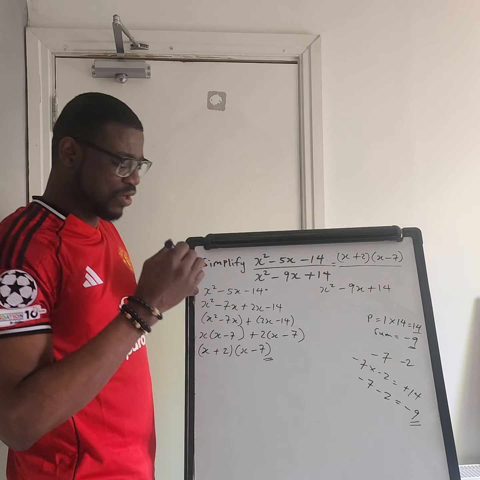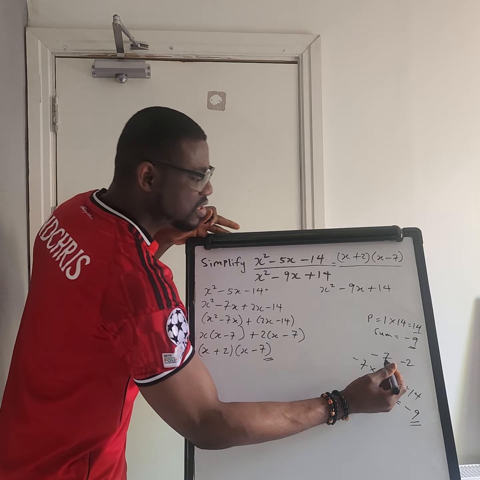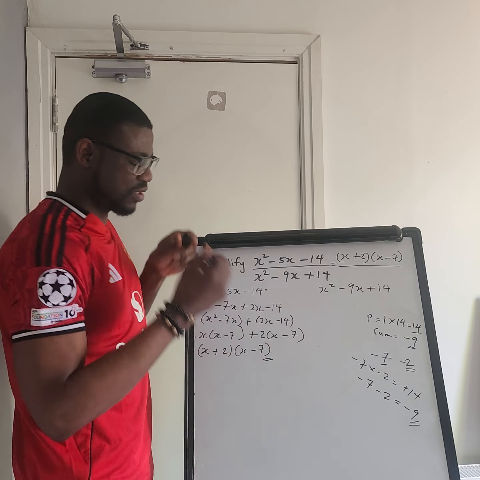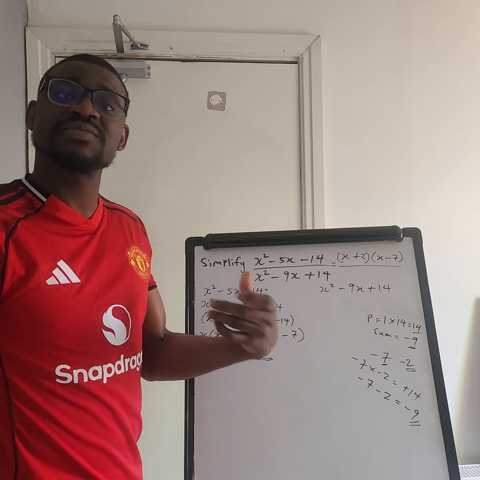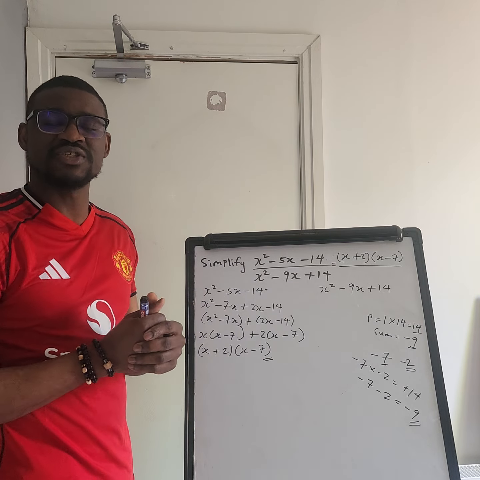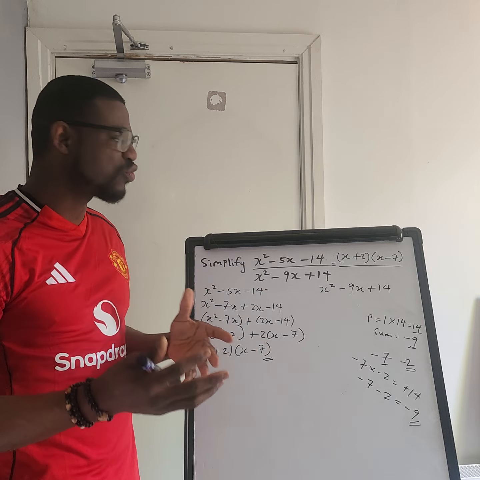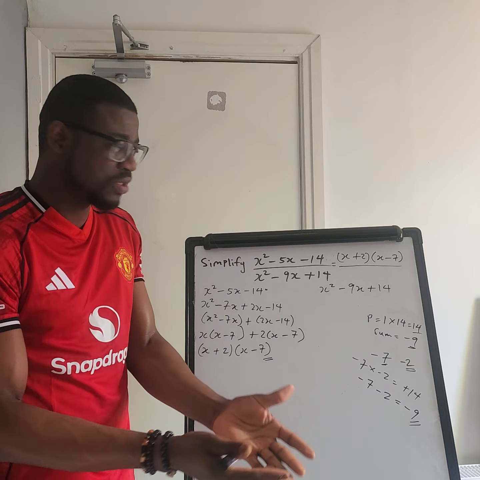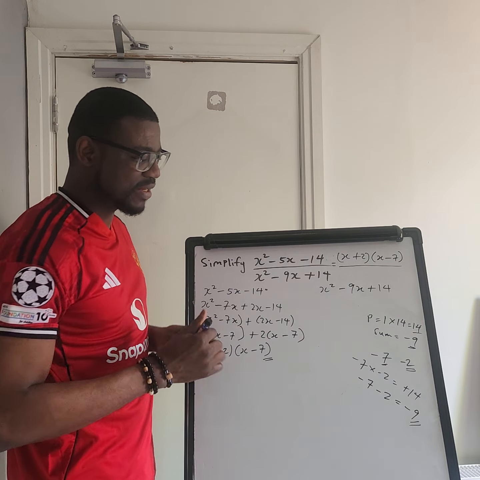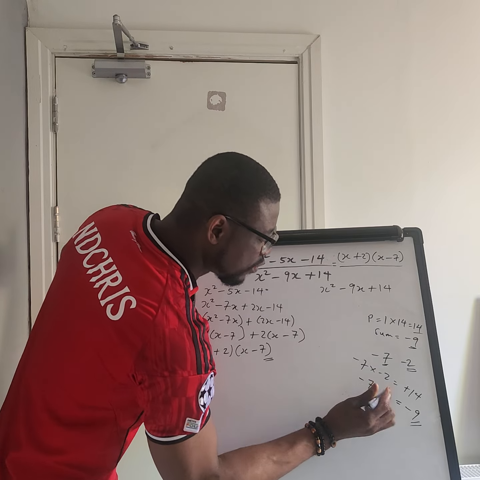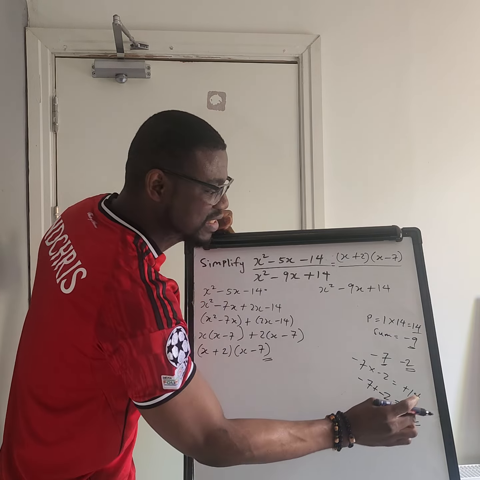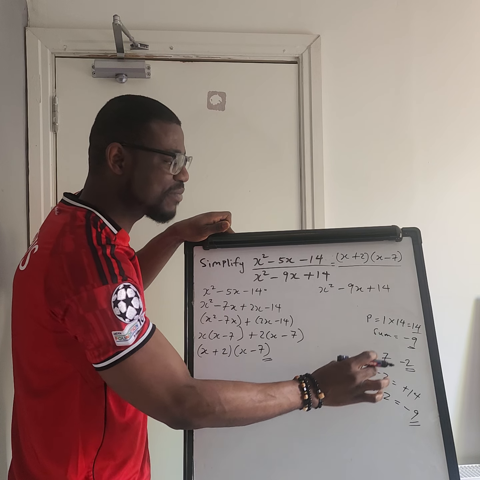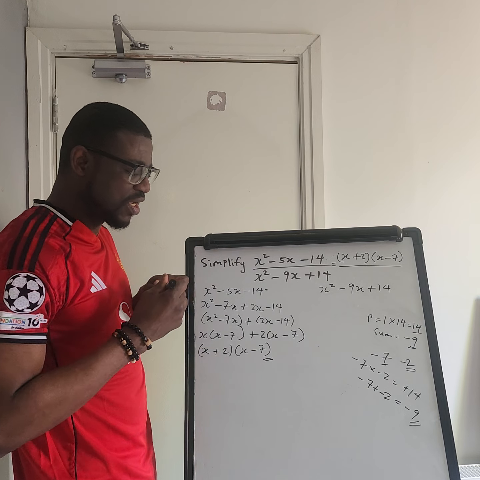Have you seen it now? So these two numbers will satisfy the expression. Minus 7 times minus 2 will give you 14. Minus 7 minus 2 will give you minus 9. So that's how you do it. When you add the two numbers, you're going to get minus 9. When you multiply them, you're going to get plus 14.